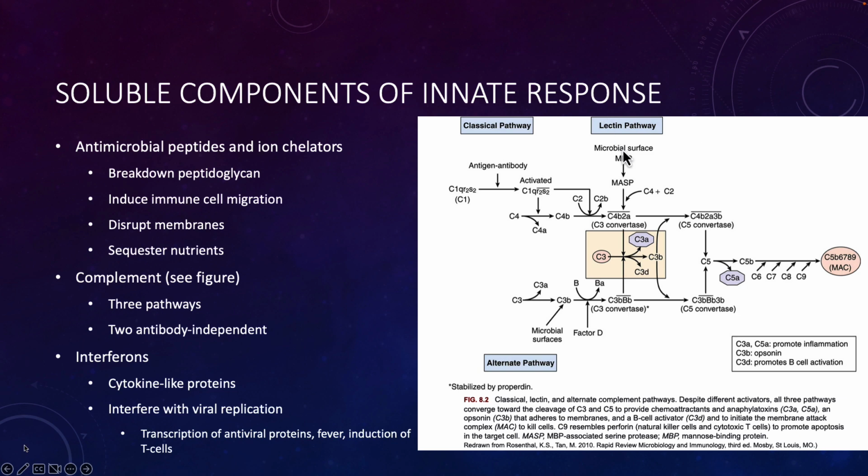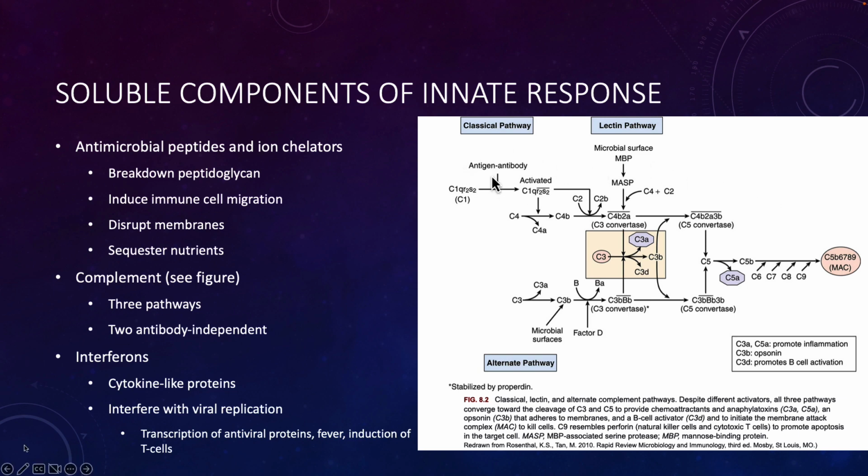There's the lectin pathway, which recognizes carbohydrates that are generally only found on microbial surfaces. And then you have the classic pathway, which is activated in response to antibodies that bind to the pathogen.